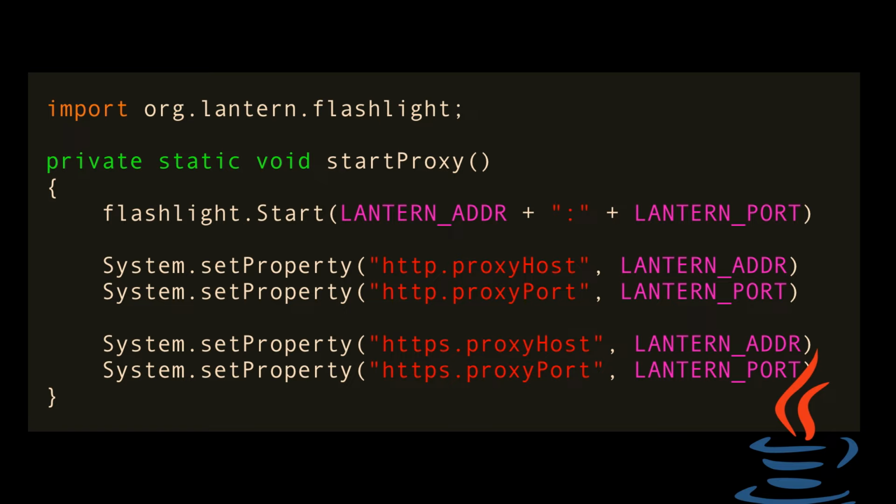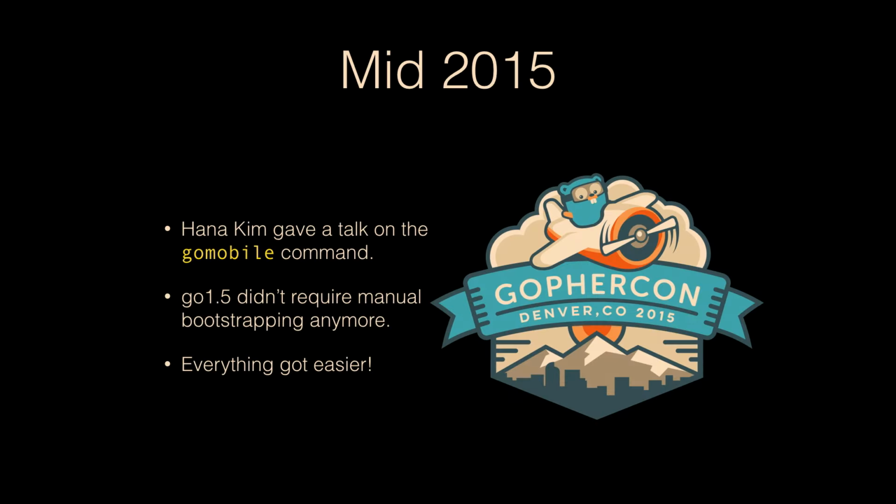Now let's take a small detour here, because one year ago, in this very same place, we had GopherCon 2015. We were here in GopherCon 2015, and we were enjoying a talk by Hana Kim. She was talking about Go Mobile.